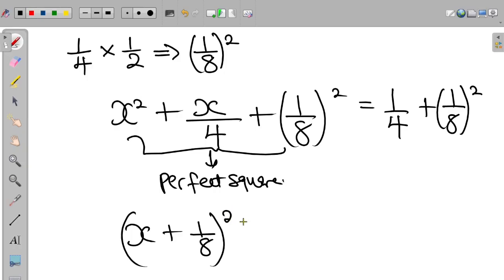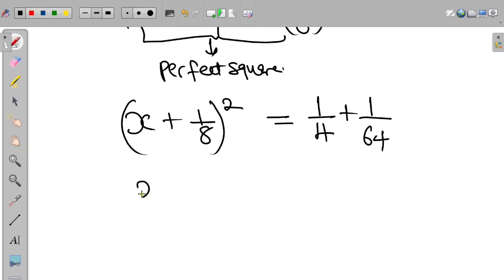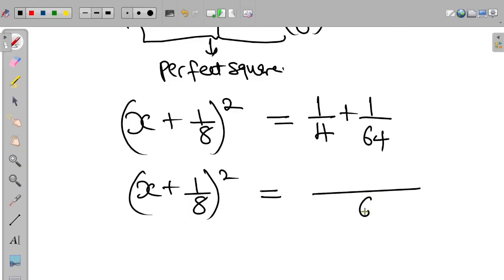is equal to, now the right hand side becomes 1 divided by 4 plus 1 divided by 8 squared, which is 64. So we have x plus 1 divided by 8 all raised to the power of 2 equal to, now at the right hand side we can take LCM, which is 64. 64 divided by 4 is 16. 16 times 1 is 16.